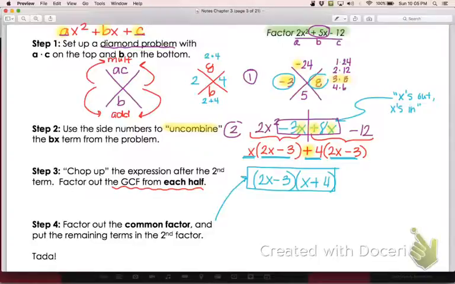And so we split that term into 2 terms so that we could divide it into 2 groups. The third step was to find the greatest common factor from each of the groups and factor that out. And then the final step was to pull out the factor that they each had in common, which was the 2x minus 3 right here, and the leftover parts make our second factor.